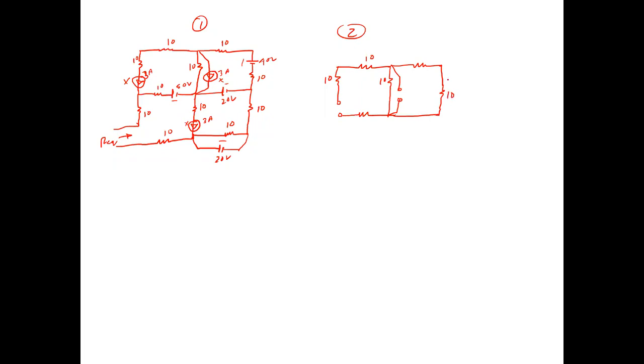This 10, this 10. Okay. Now this point, this and this the open, because this current, this ohm, this ohm, this is the 10, 10, and this is the short.